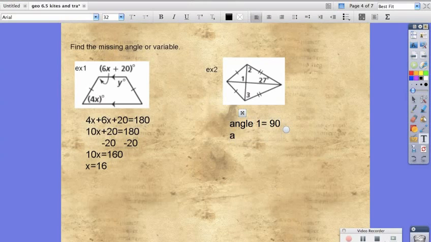So we know angle 2 equals 180 minus 27 minus 90, which means that angle 2 is equal to 63 degrees. And because angle 2 is 63 degrees, we know that angle 3 should also be the same because the diagonals bisect each other. Therefore, angle 3 is also 63 degrees.